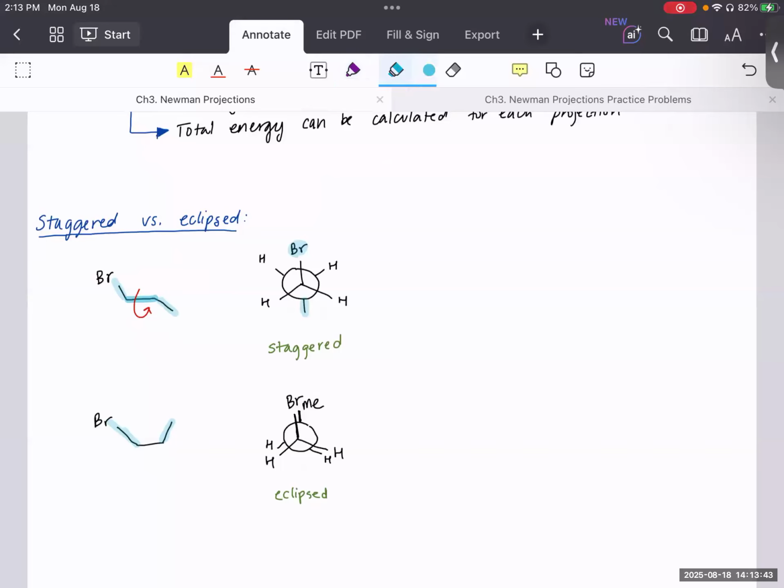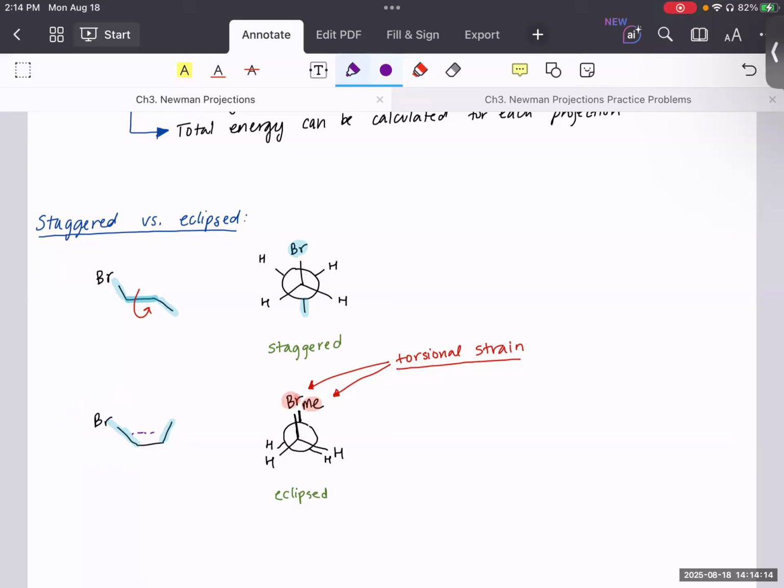And in an eclipsed state, we have additional repulsion energies. So for example, this bromine and this methyl have what's called torsional strain. Torsional strain occurs between the electrons within those bonds. If we look at this structure over here, the actual strain occurs between the electrons in these bonds here.